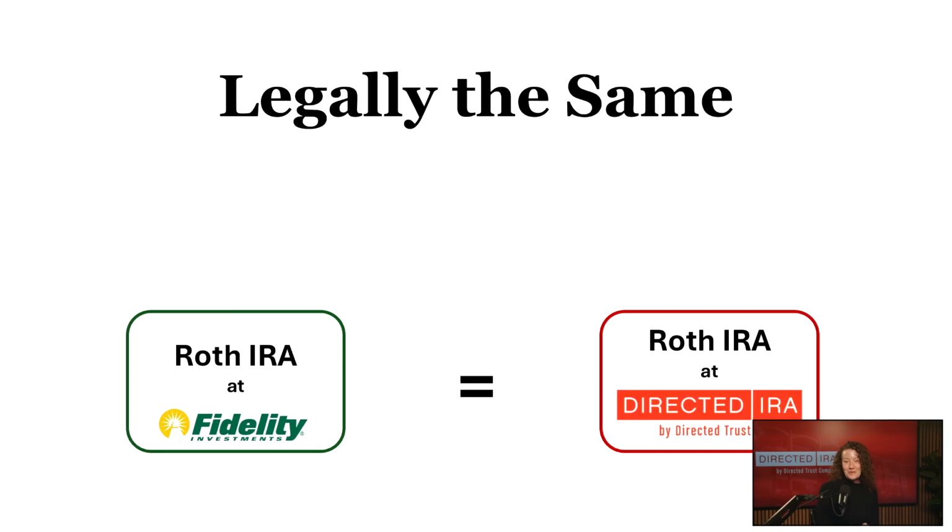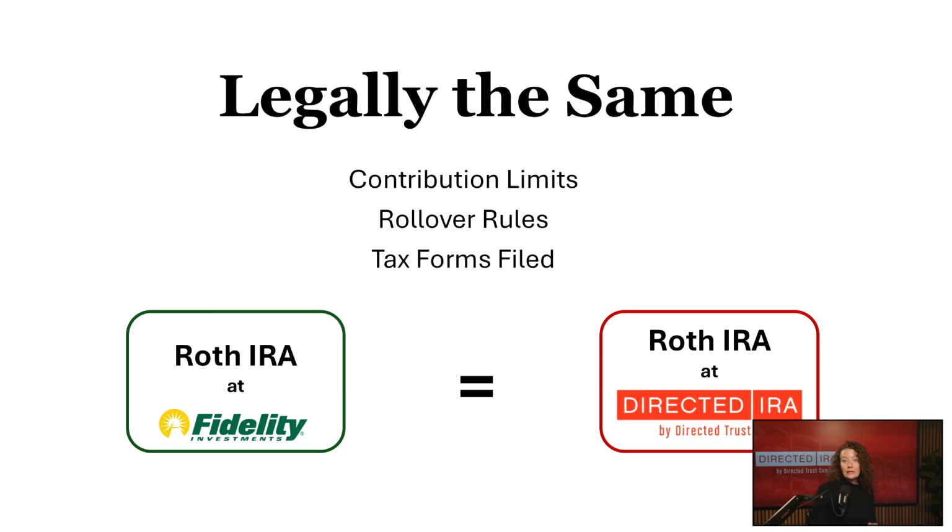Let's talk a little bit more about how they're the same though. The Roth IRA at Fidelity and the Roth IRA with Directed IRA are, again, one and the same. They're treated legally the same per the IRS. This includes the same contribution limits, the same rollover rules, the same transferability, as well as the same tax forms filed.